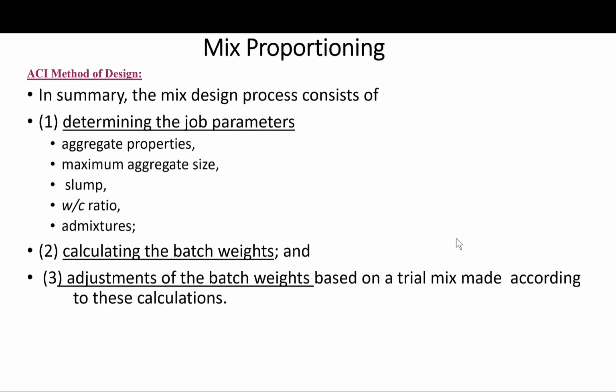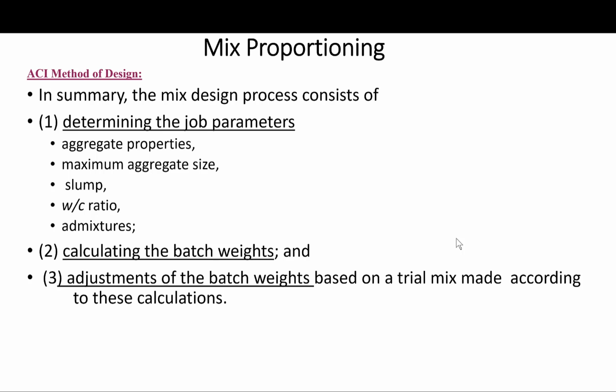So let's talk about these design process steps. In summary, the mix design consists of first determining the job parameters: aggregate properties, maximum aggregate size, slump, water cement ratio, and admixtures.